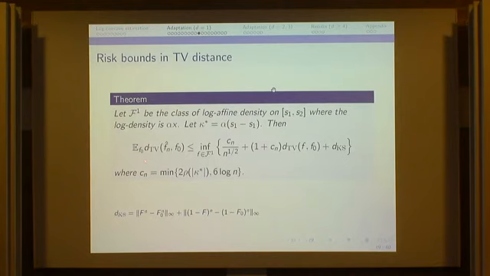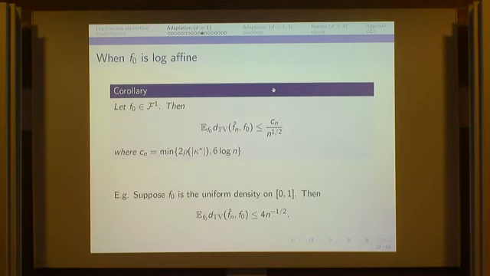So this implies that when our density is in the class of log-affine densities, so if we take the log of our density and that's an affine function, then the total variation risk can be bounded by n to the minus half with a log factor.